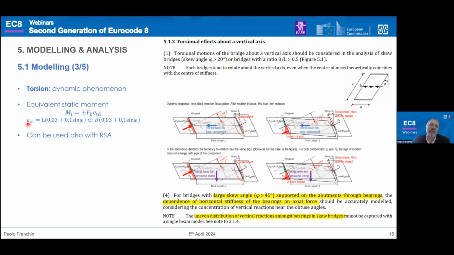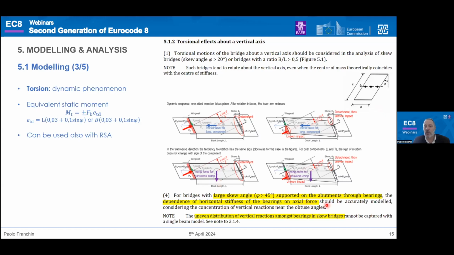I'm not entering into the detail of these lever arms that are a proportion of the size. This is true also for bridges that are not skew, but are relatively short, because they also tend to develop this type of rotation around the vertical axis. This is important for modeling.